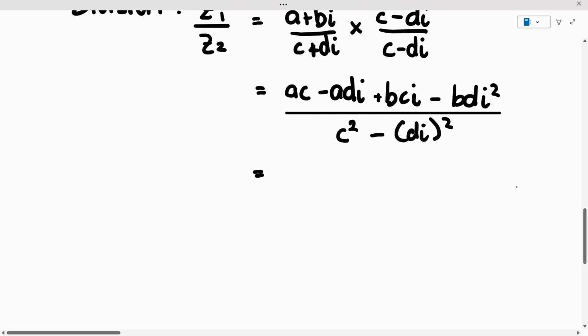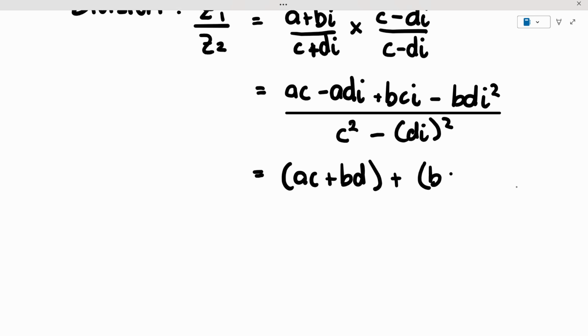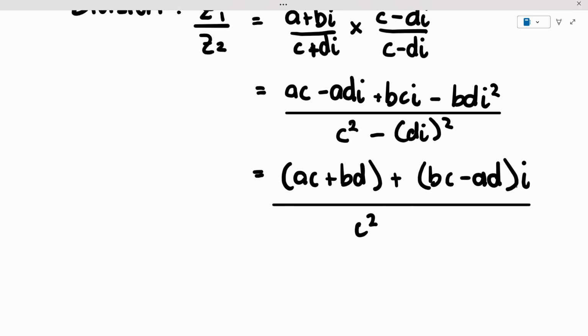Let's see what we get when we simplify. We know that this i squared turns to minus 1, so the real part is ac plus bd, plus we can do bc minus ad times i. That's the numerator, and the denominator is c squared minus d squared i squared. i squared is minus 1, so c squared plus d squared.